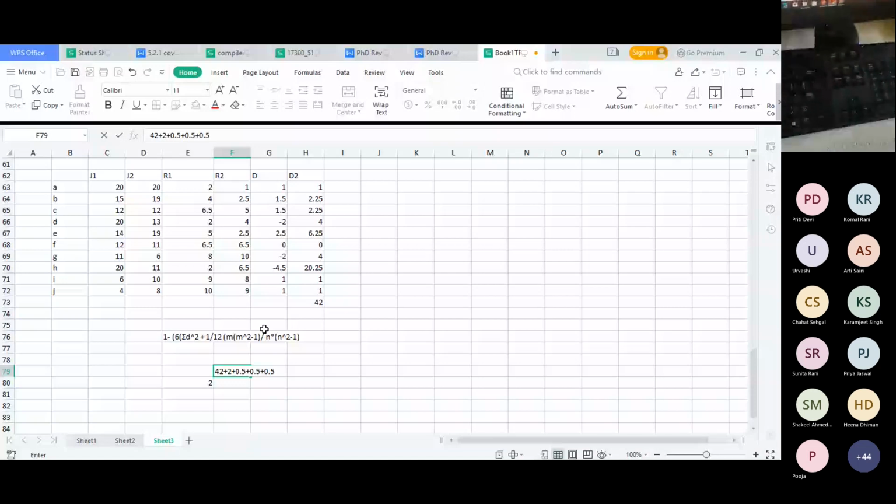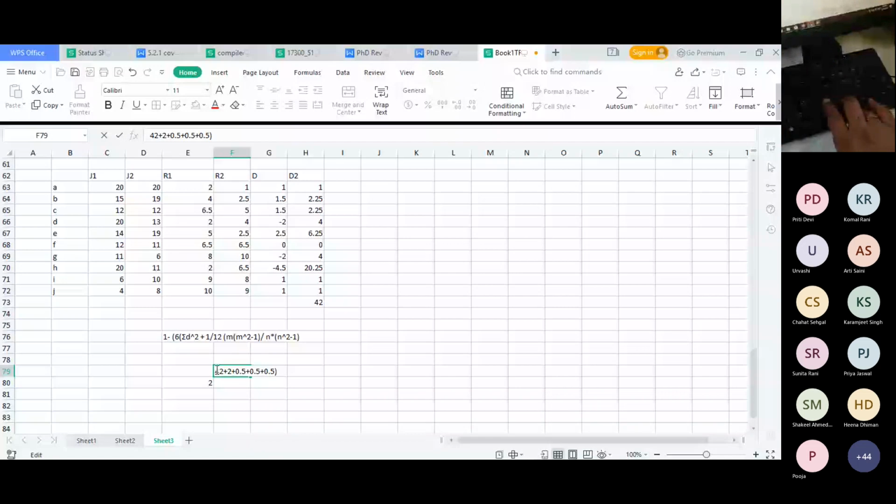So there will be three correction factors of 0.5 because three values occur 2 times each, and one value occurs 3 times, for which the correction factor is 2. So now the numerator becomes this, and you have to multiply this complete thing by 6 because the formula is 1 minus 6 into this whole thing.